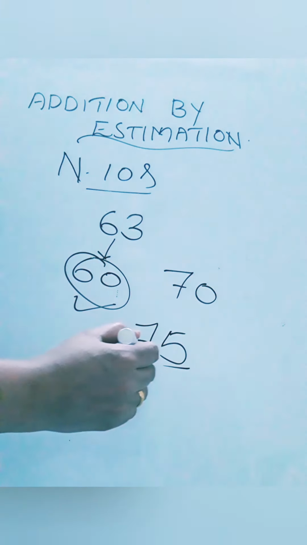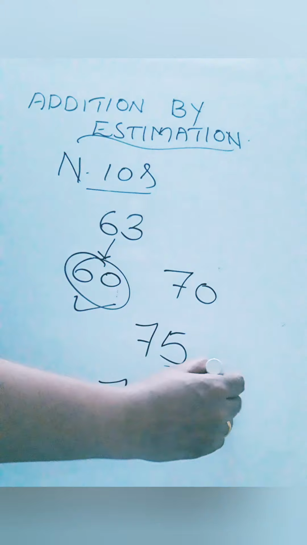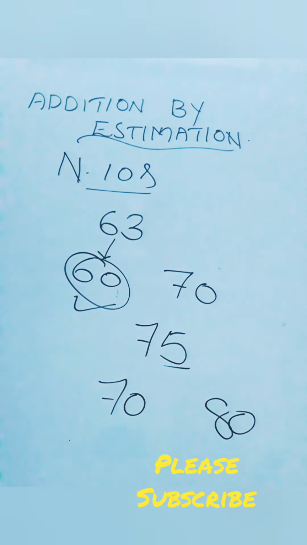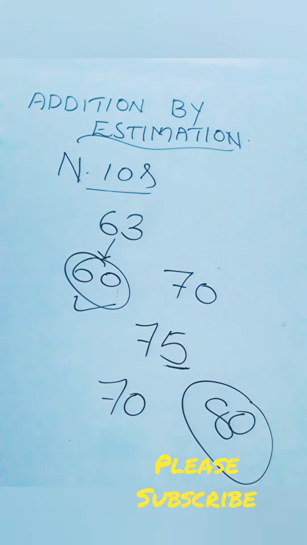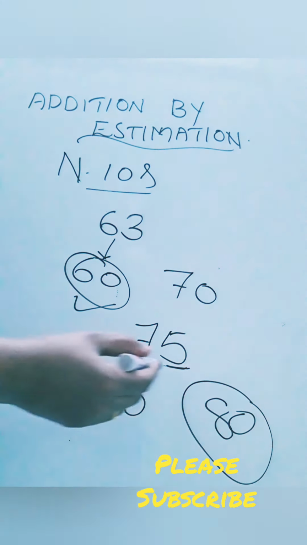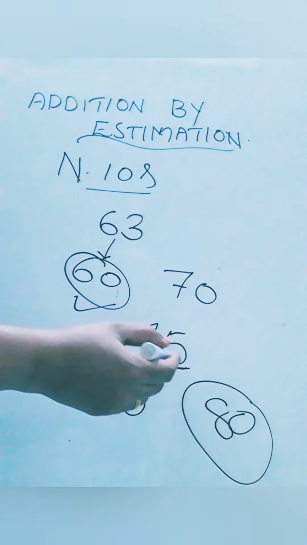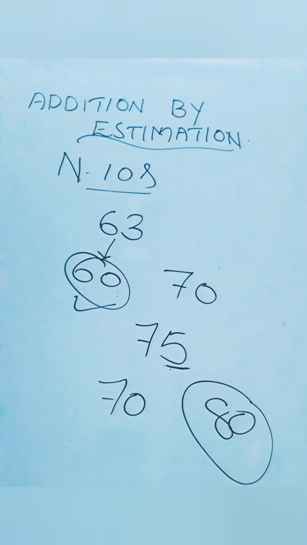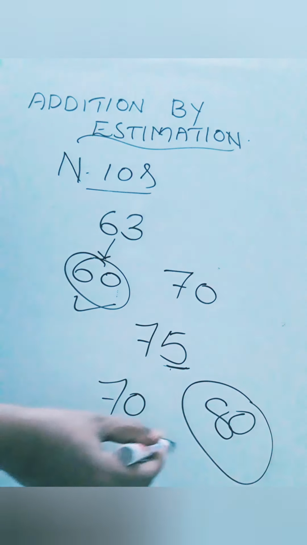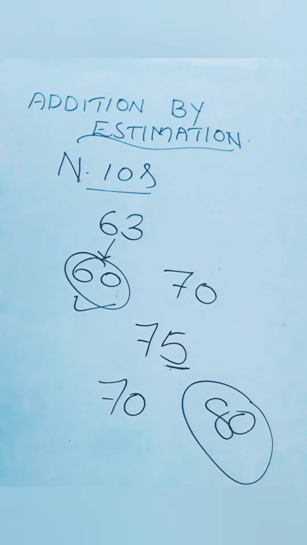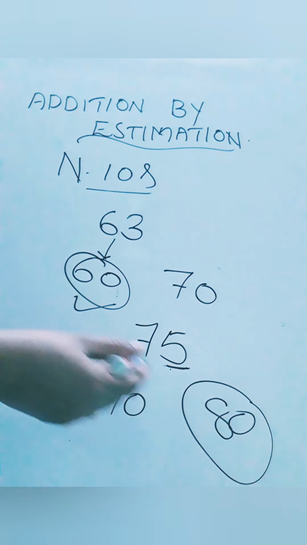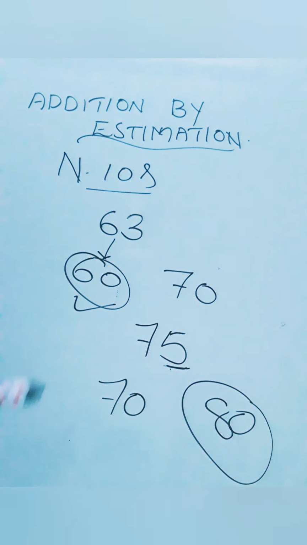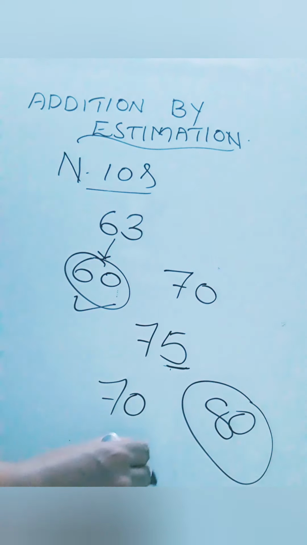Here also we have two possibilities, 70 and 80. When the number at one's place is 5 or more than 5, that is 5, 6, 7, 8, 9, it will be rounded up, which means the next tens place will come. So 75 will be 80, but 74 will be 70.